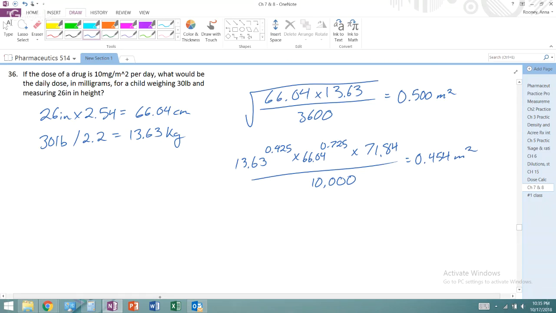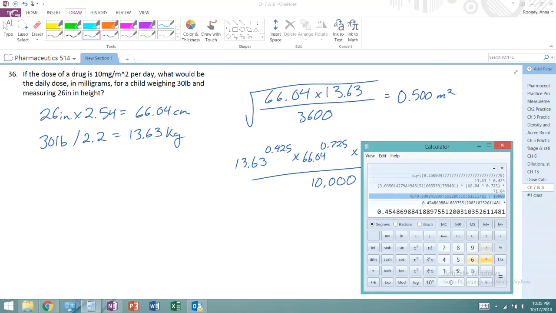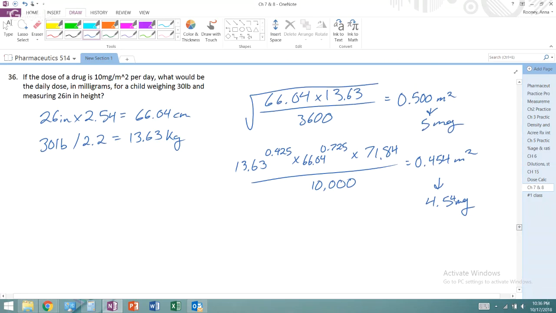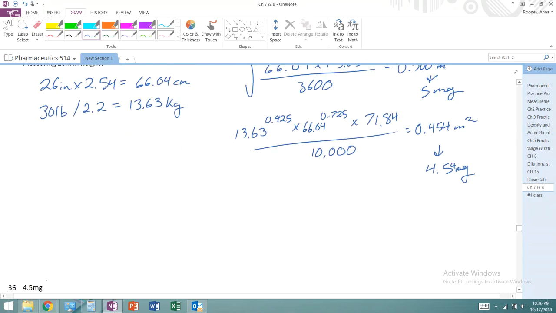Now, why did I go through both of these? Well, you multiply this by 10, and for this one you get 4.5 milligrams, and for this one you get 5 milligrams. The answer in the book says it's 4.5.